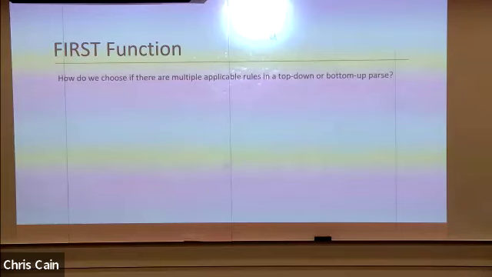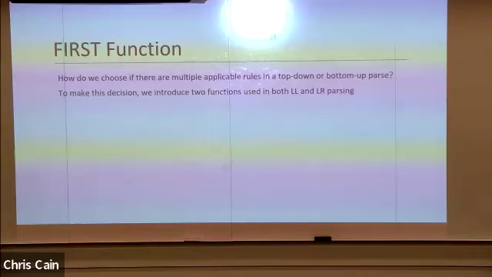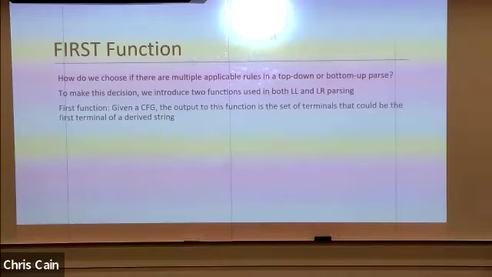So if we are in that case, then we need some functions that we're going to use both in LL and LR parsing. We're first going to use it in LL parsing. So the first function says, given a context-free grammar, first is going to tell us the first terminal that can be produced in any string from that non-terminal.